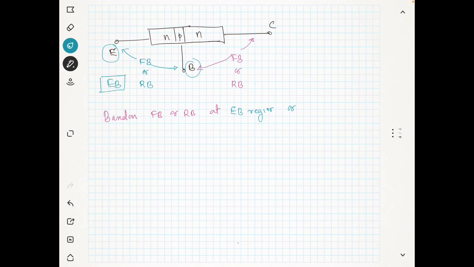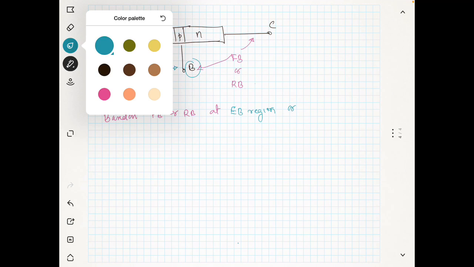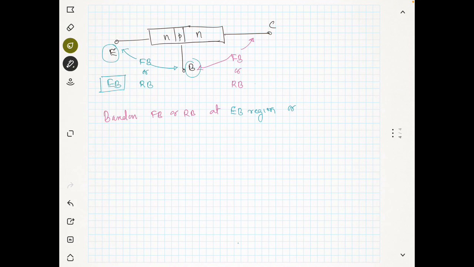Another region is the one between the base and the collector, which is known as the collector base region. So we can forward bias or reverse bias the emitter base region and the collector base region.